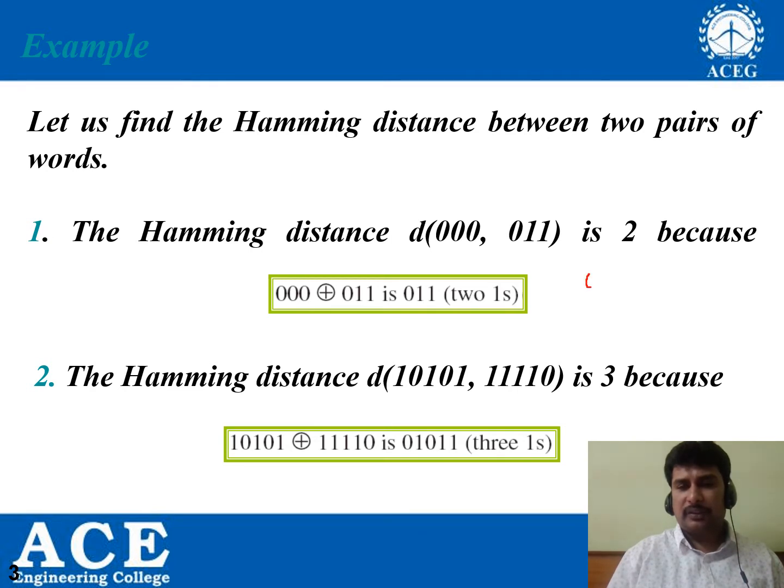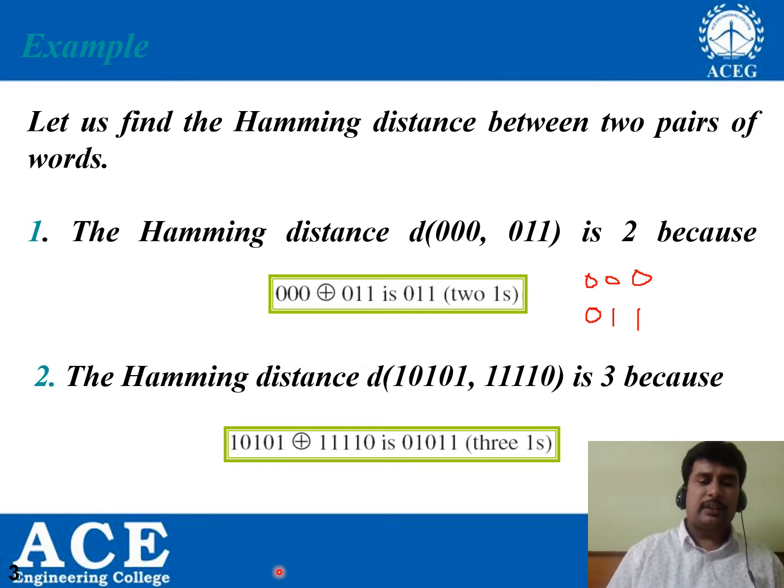The first data word is 000 and the next data word is 011. In these two we could find this bit is the same, and these are different, and they are different. So the two data words differ in two positions.